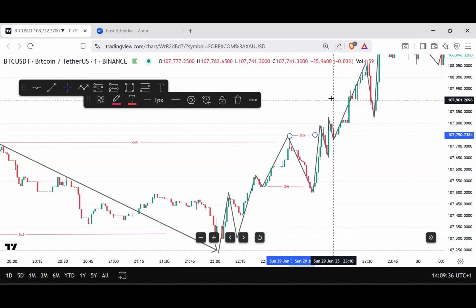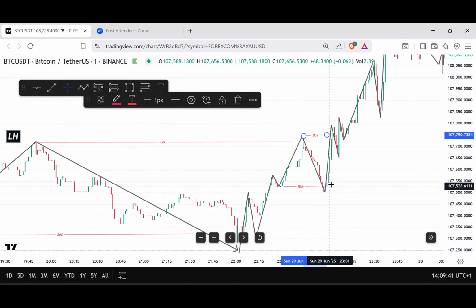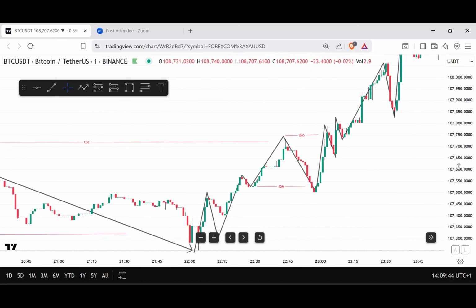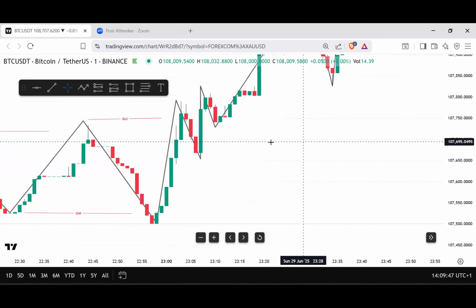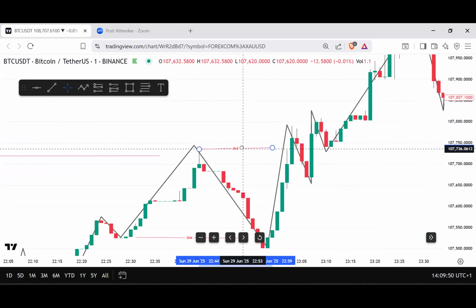But in this first break of structure, if you see closely, can we say it is a confirmation because that candle body is enough to confirm? That's a very good question.